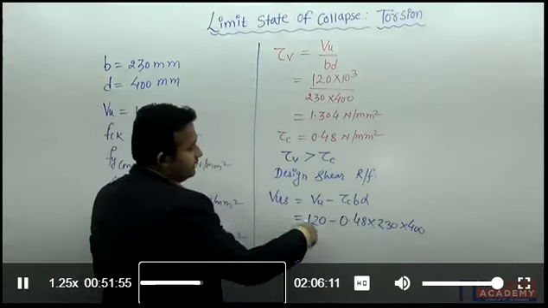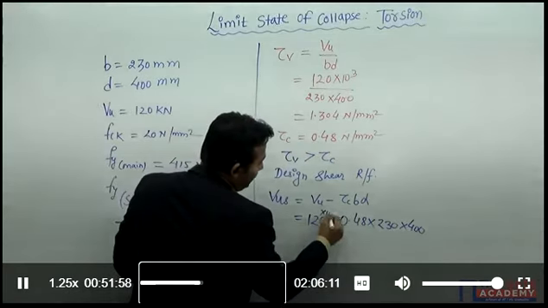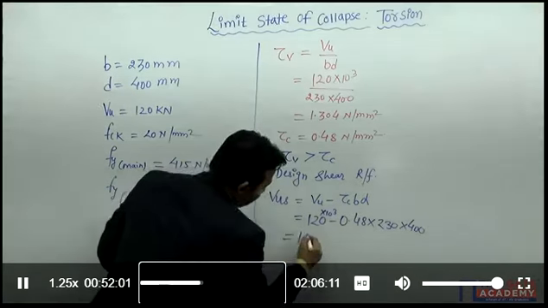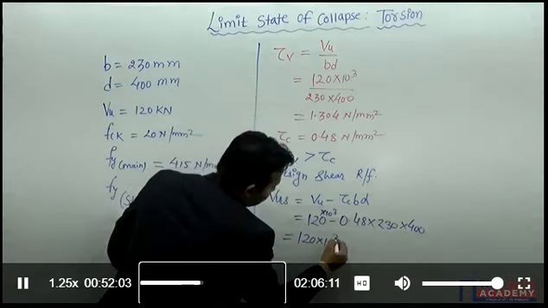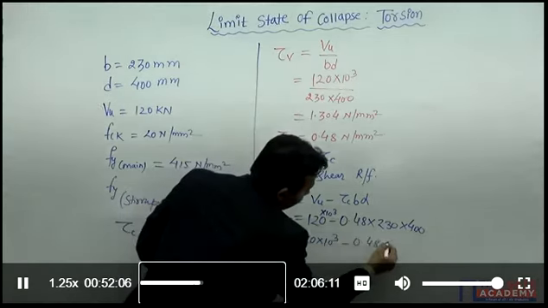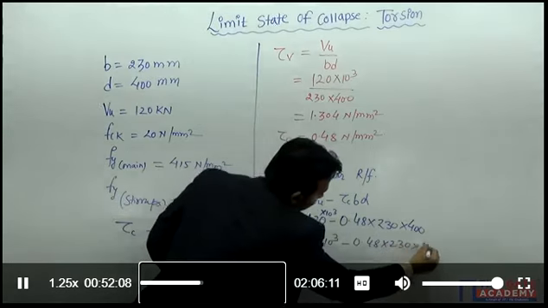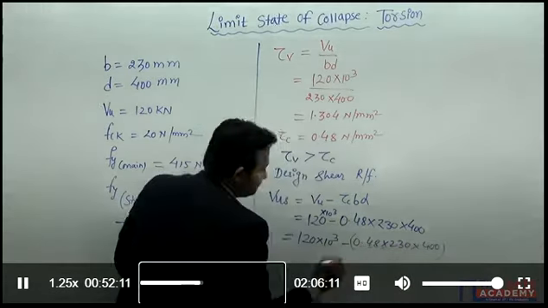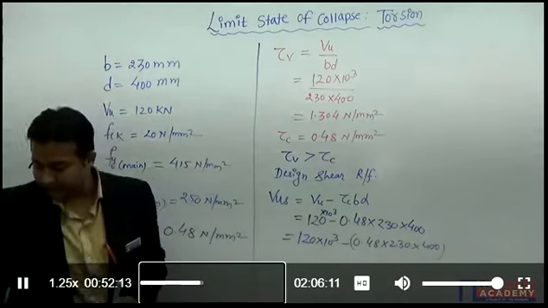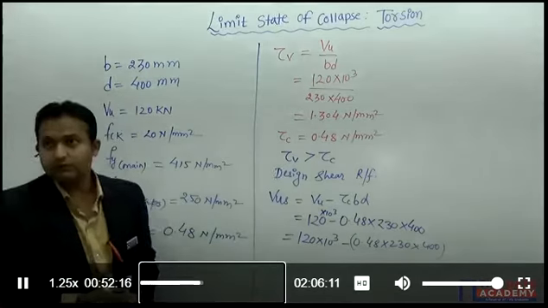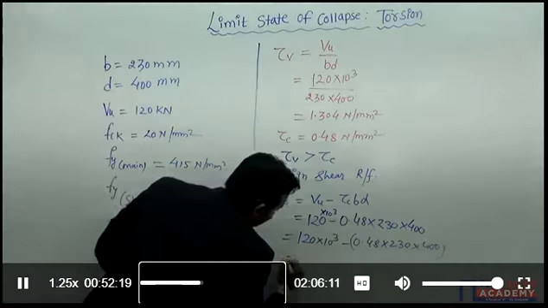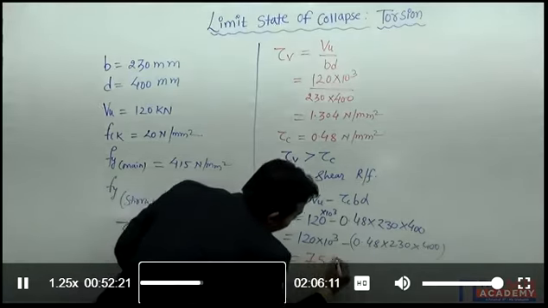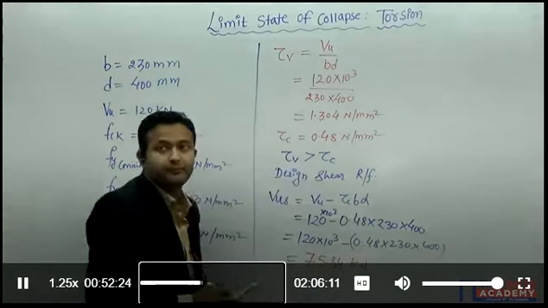This is in kilonewton, so I need to multiply by 10 to the power 3. The equation is 120 into 10 to the power 3 minus 0.48 into 230 into 400. Calculating Vus, the value is 75.84 kilonewton.